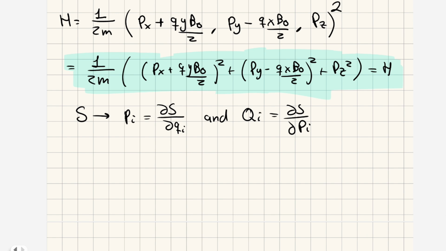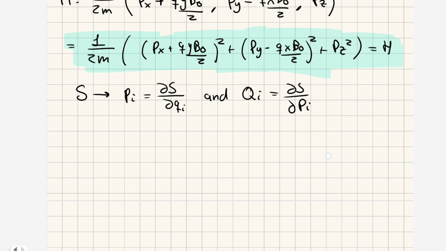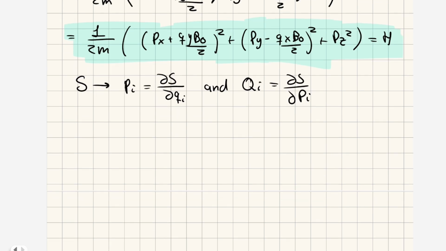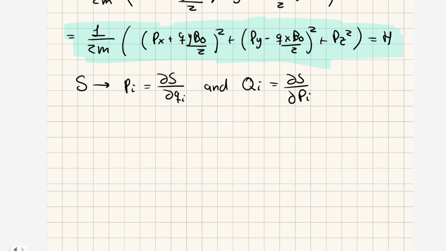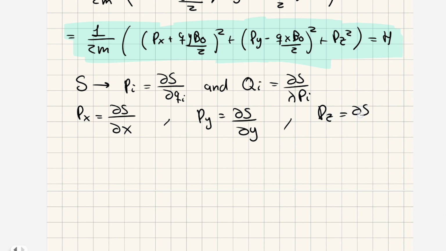And recall that this is the canonical transformation, well, the generating function that we have been using in recent lessons. So with these rules, we can construct the Hamilton-Jacobi equation because px is equal to the partial of S with respect to x, of course, py is equal to the partial of S with respect to y, and pz is equal to the partial of S with respect to z.